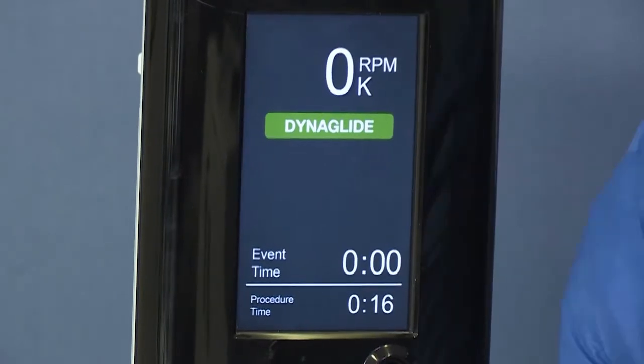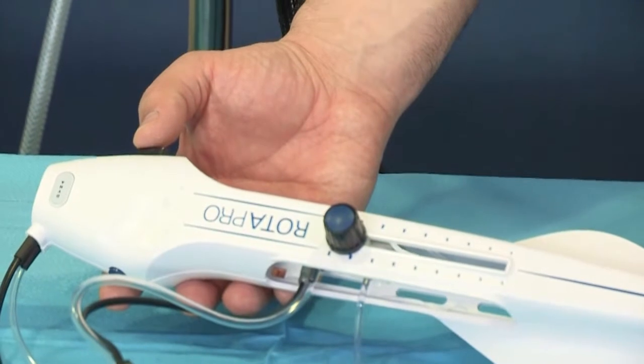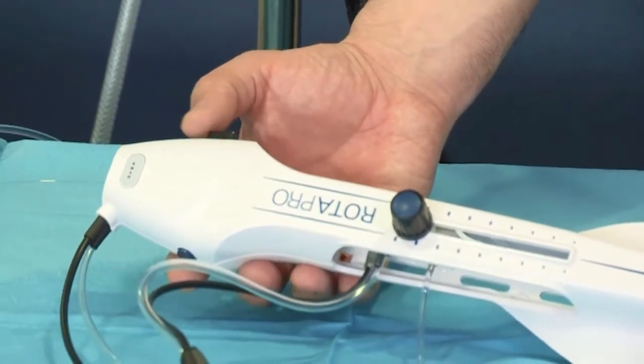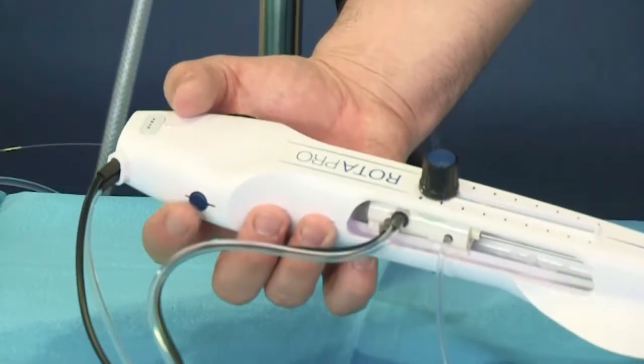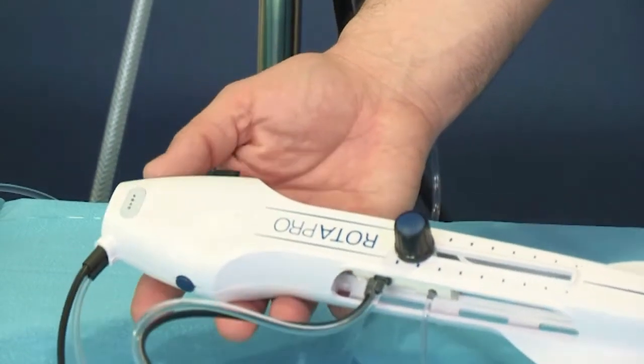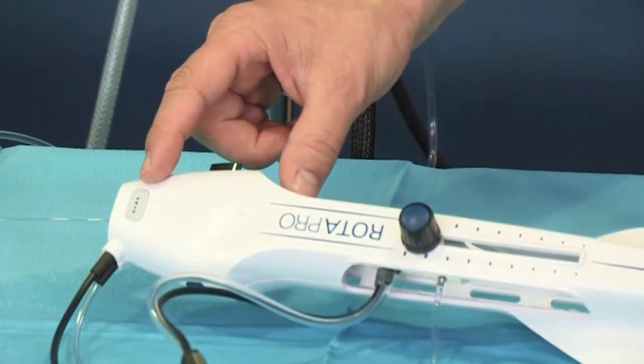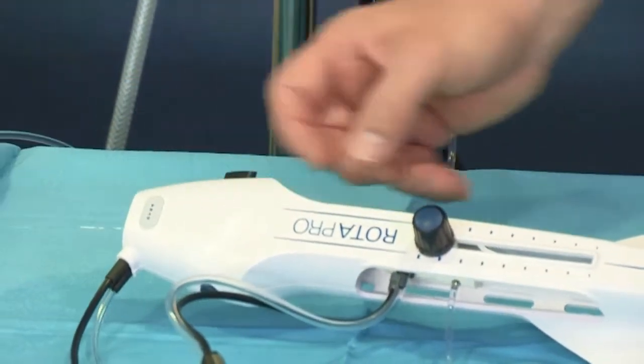Much like we do when we want to release the pressure by pushing on the big pedal of the old system, we'll make a gentle push on this button here. Tension is released. We switch from the Dynaglide mode to the rotablator mode again.